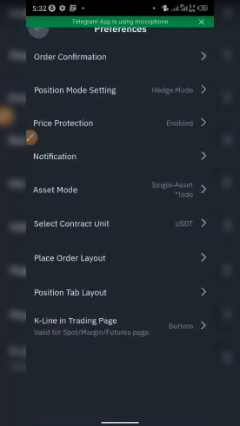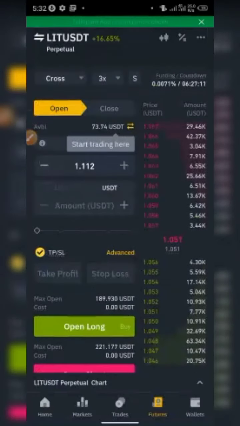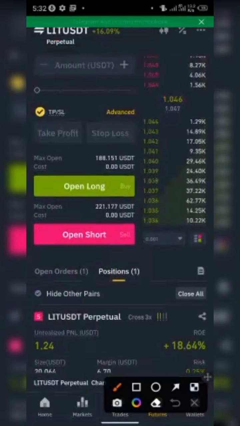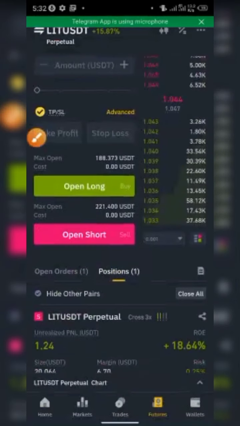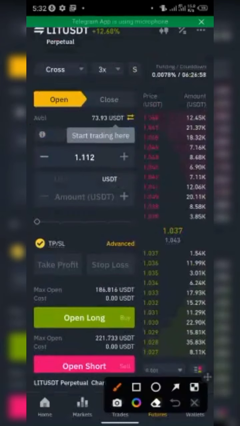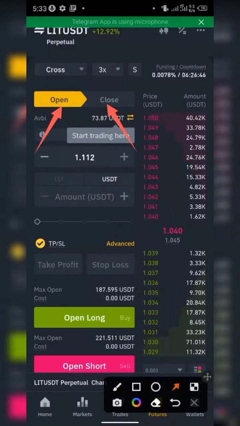So now this is how the interface of the hedge mode looks. You have open and you have close. The open is for you to enter a trade, and the close is for you to exit the trade.